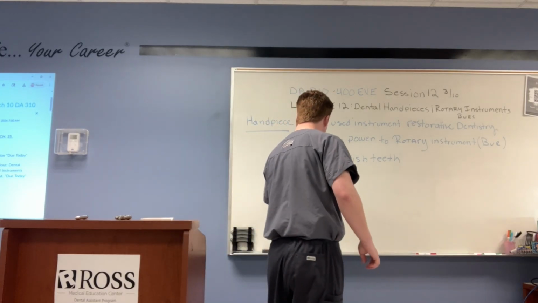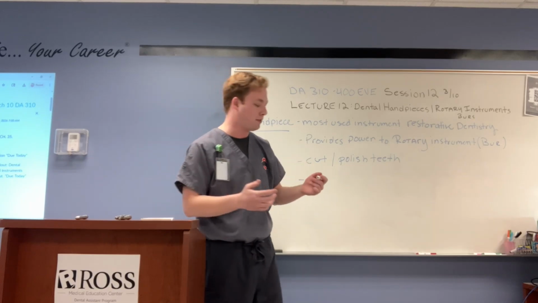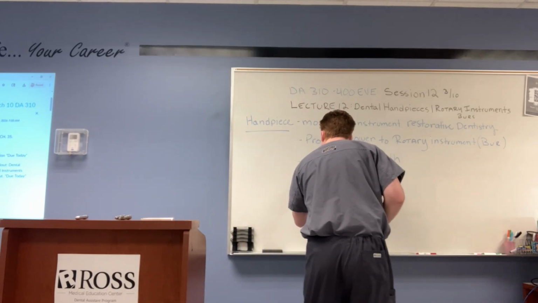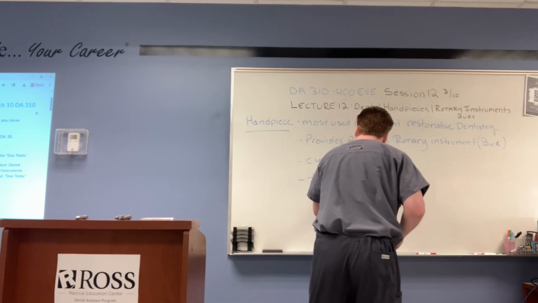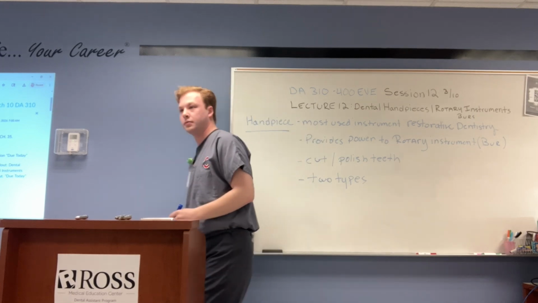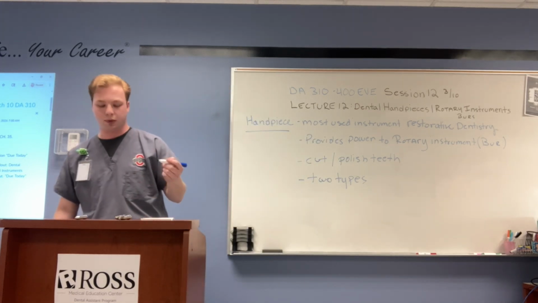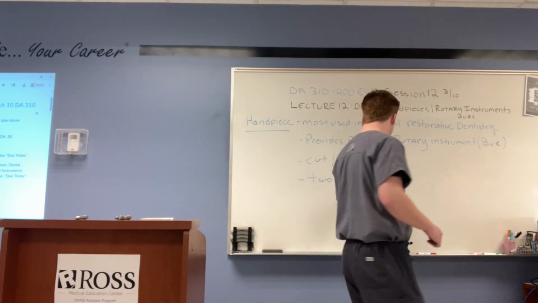And then we want to know there are two main types that you'll see in a modern office. So there are two types. And those two types, what we just talked about, high speed and slow speed.